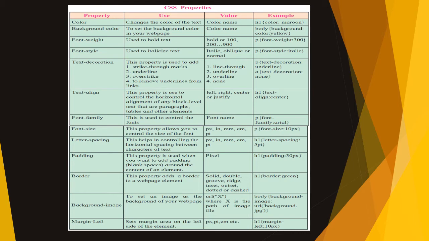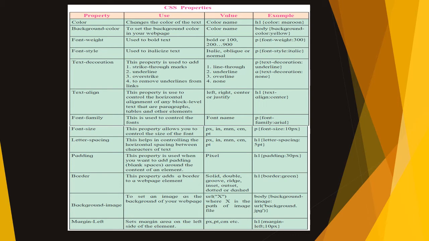Next is border. We can apply border to our web page element. For example, if we want to apply border to an image, at that time we are using border. We can use it for a table also. The values for that border are solid, double, groove, ridge, inset, outset, dotted, or dashed. Background image.